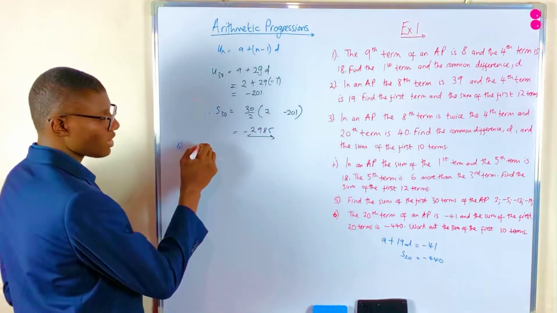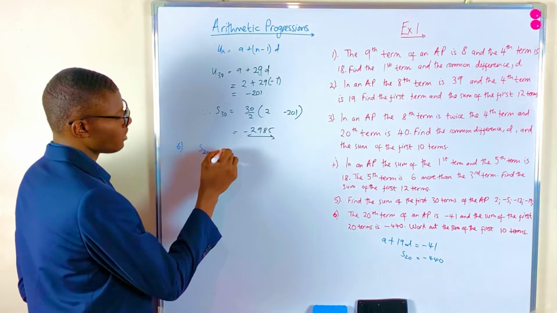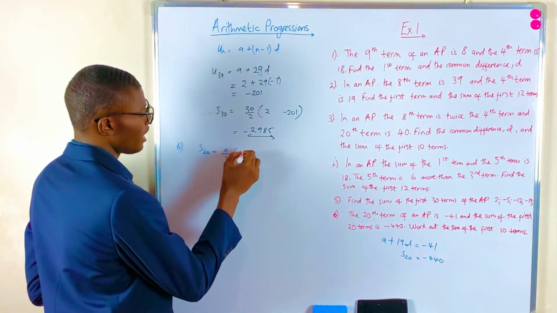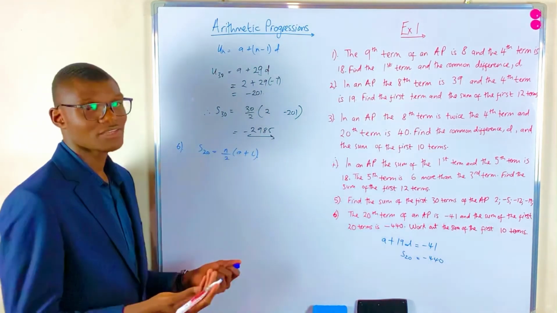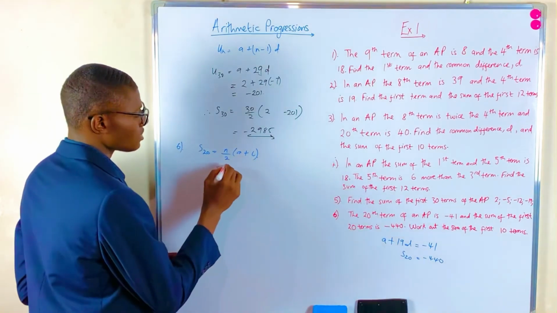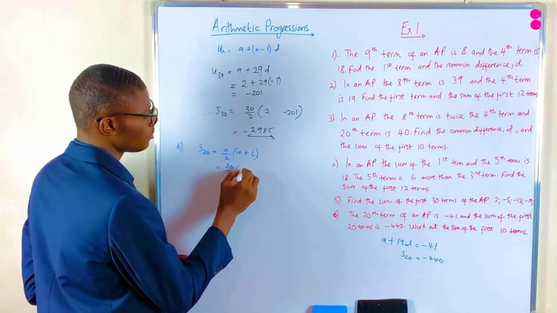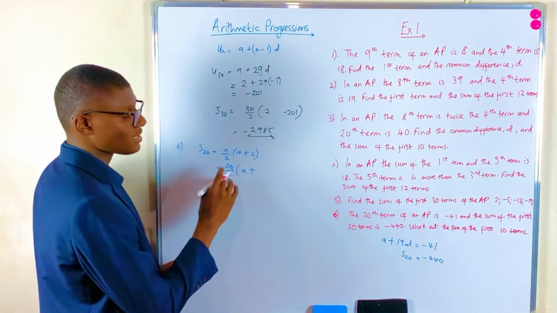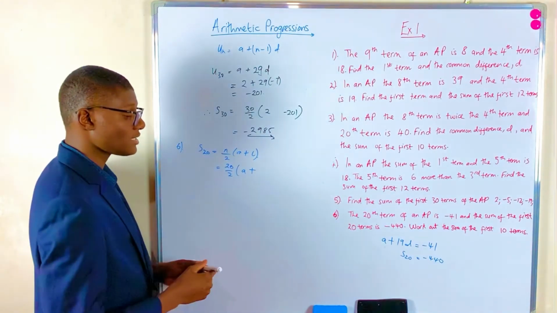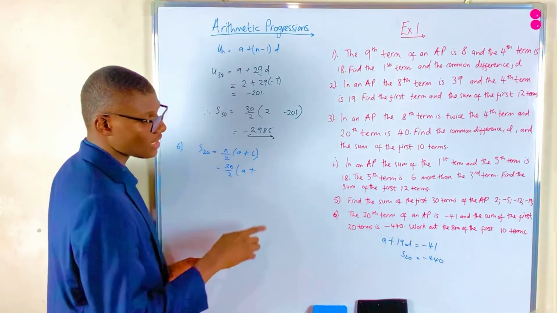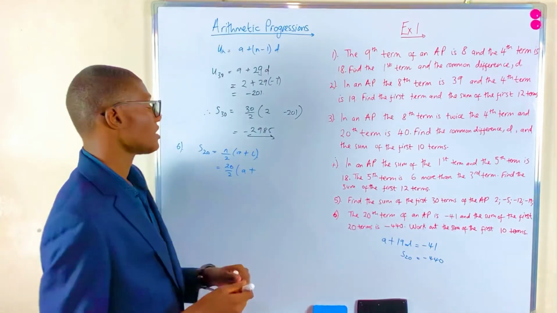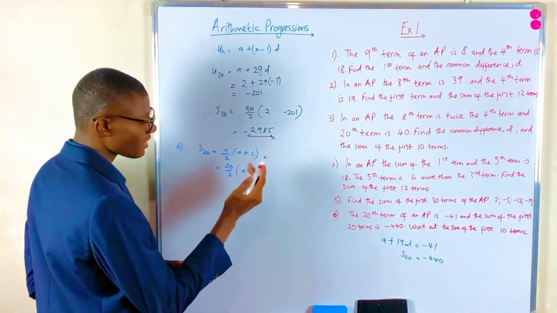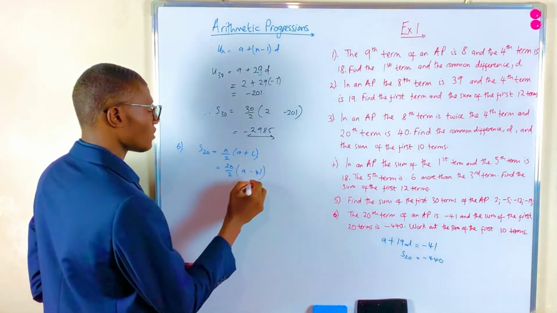So S20 being equal to n over 2, a plus l, we can calculate the first term, right? Because n is 20 over 2, then a plus l, l the last term, which is the 20th term, is minus 41. So plus minus 41 will be minus 41, right?